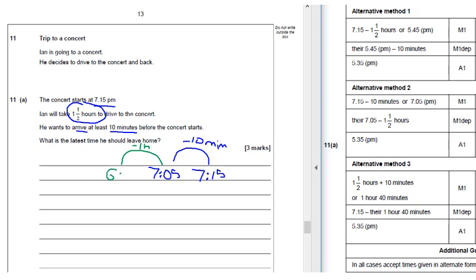So that's 6:05. And then from 6:05, take off half an hour. I'm putting 30 minutes. What I find helpful is to visualise a clock and think 6:05, half an hour before is 5:35.